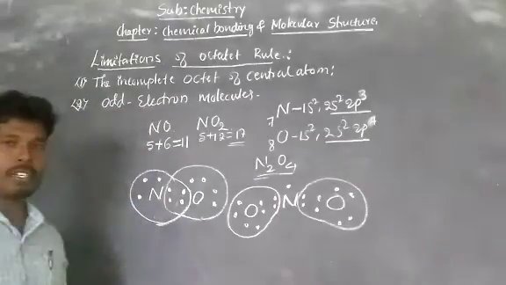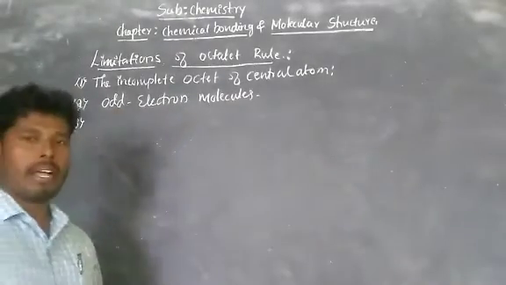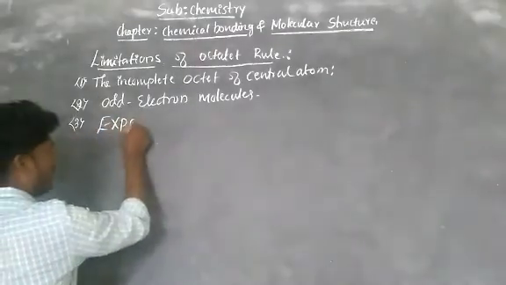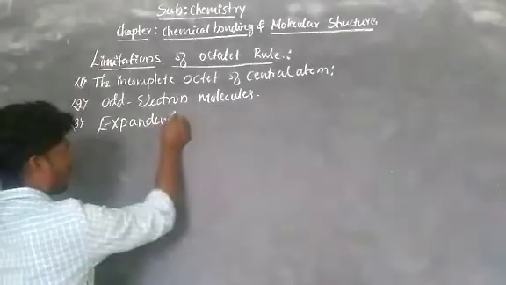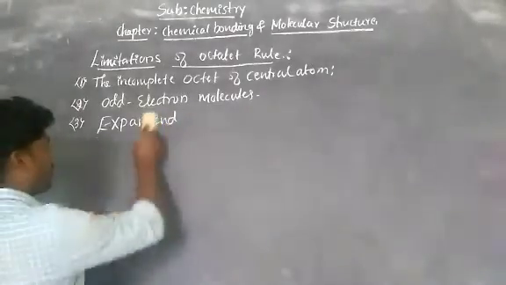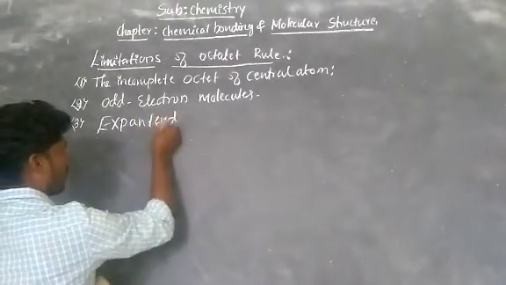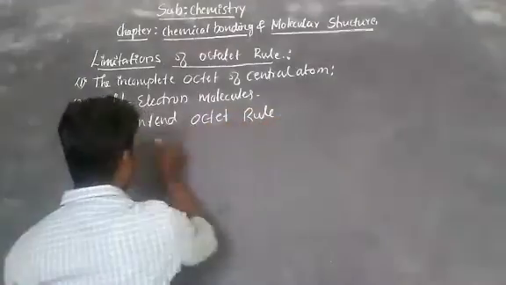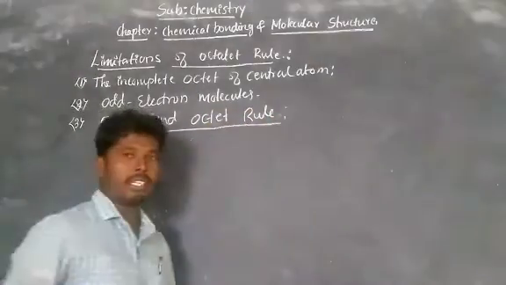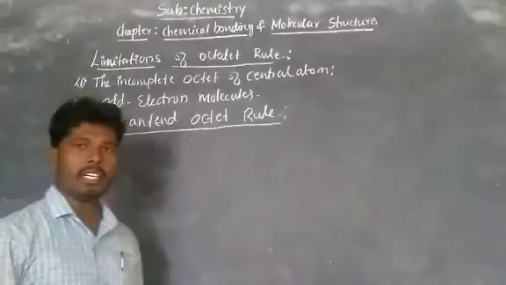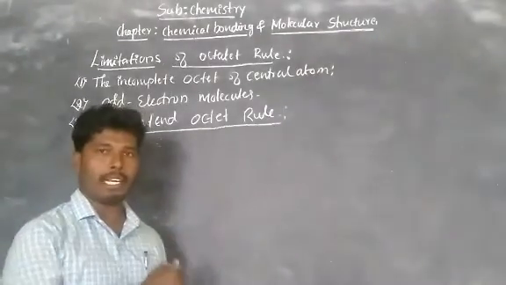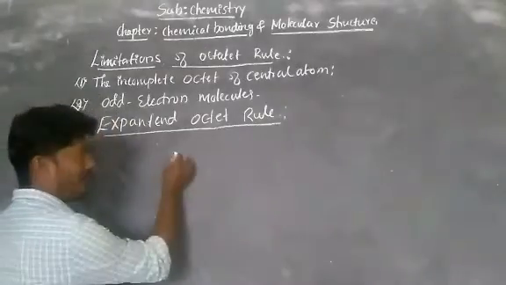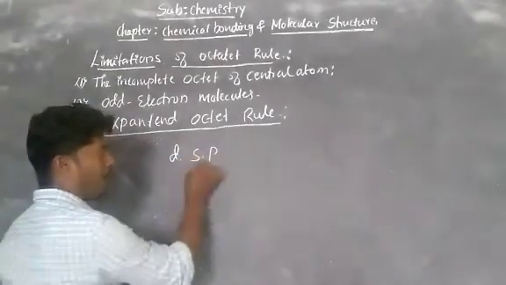Then the third limitation is the expanded octet. The elements of third and higher periods have d orbitals along with s and p orbitals.